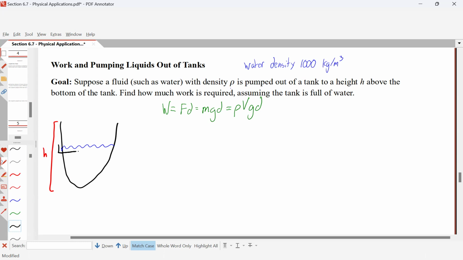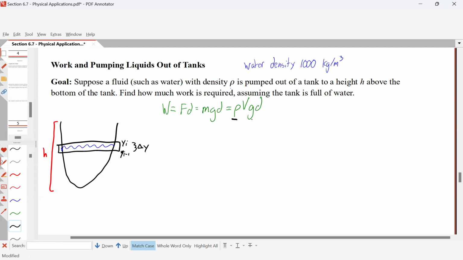So let's look in at a specific little layer of water where we've divided this tank up into little tiny pieces of that yi minus 1 and yi that has a tiny little distance delta y. And we're looking at that layer of water, basically just a skimming layer of water. And we know rho is constant and g is constant.